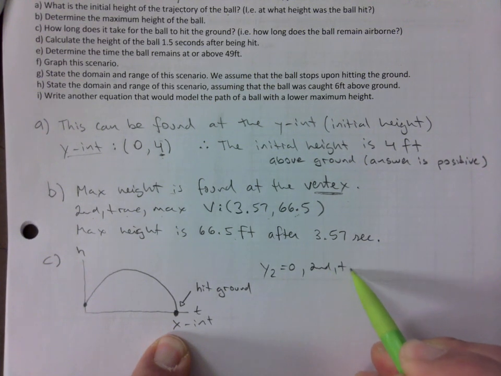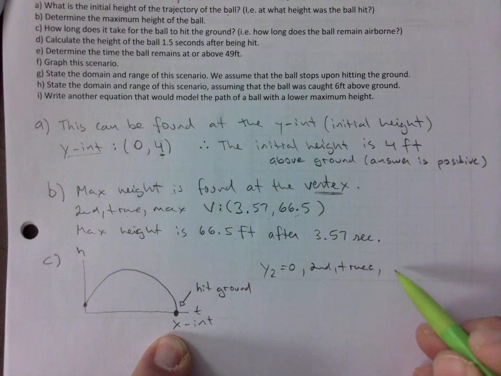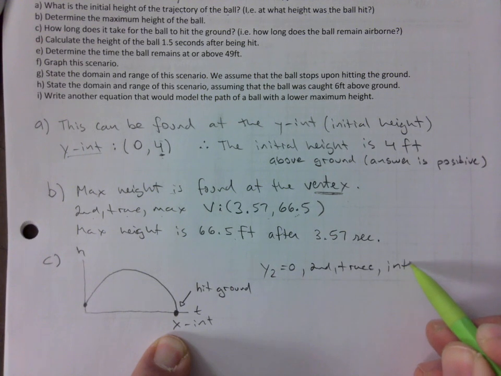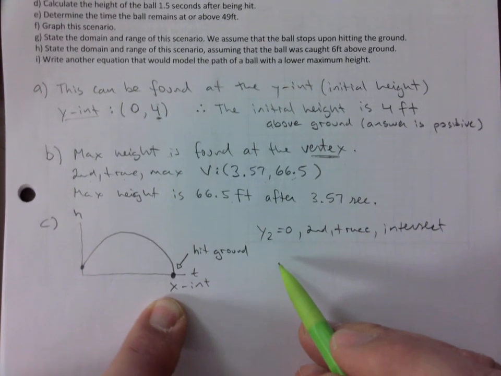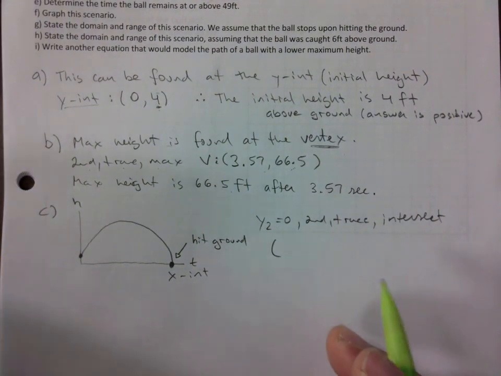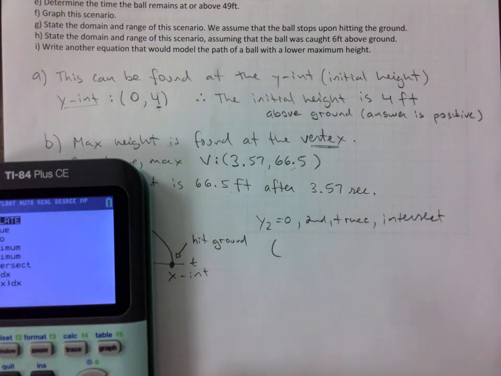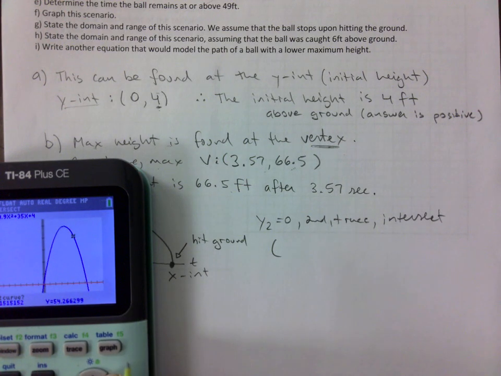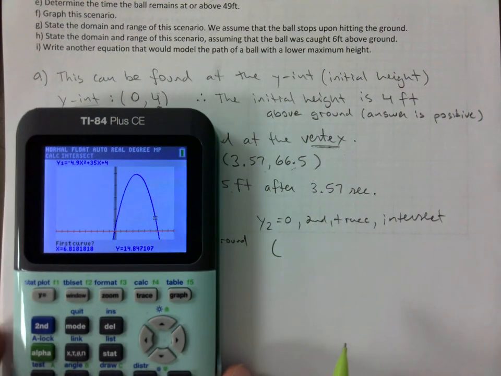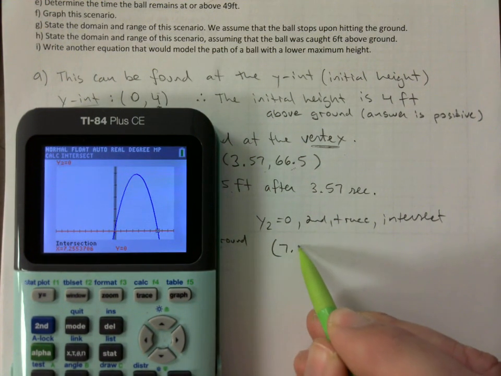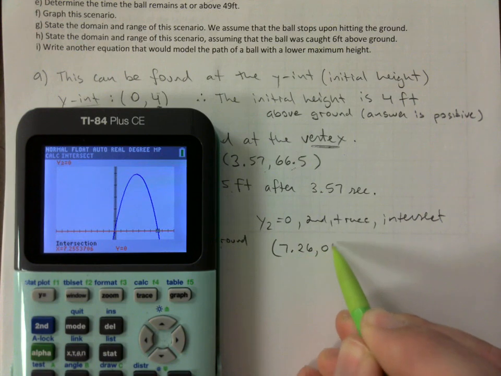We're going to go second trace, intersect. So let's go ahead and find it together. Okay. y2 is equal to 0, hit graph, second trace 5. I'm going to go to the one that's on the right side. Enter, enter, enter. And that is 7.260. Okay.